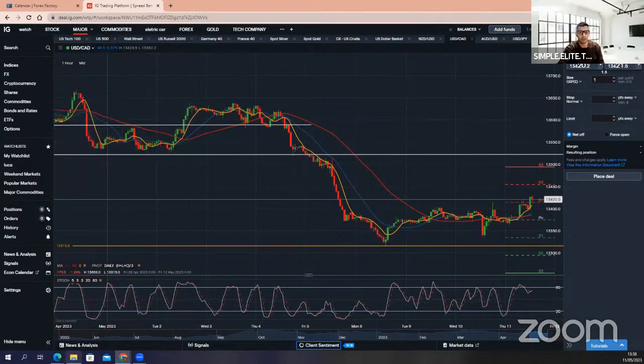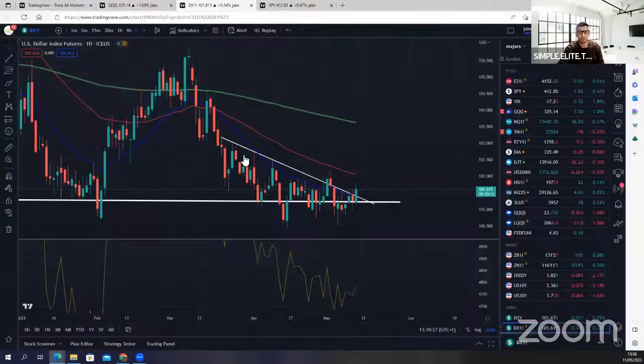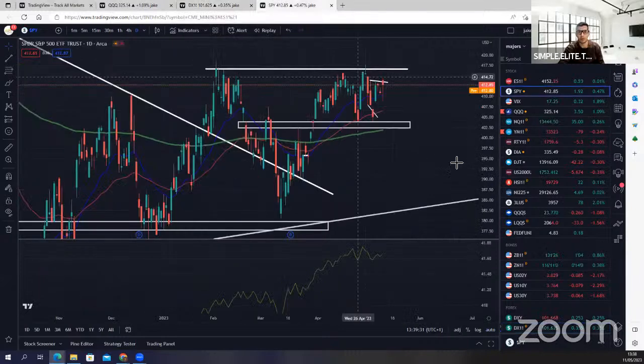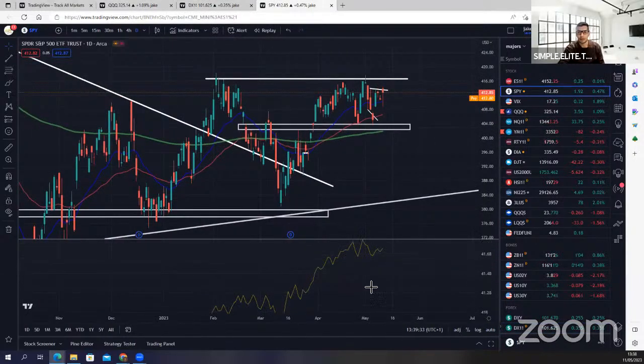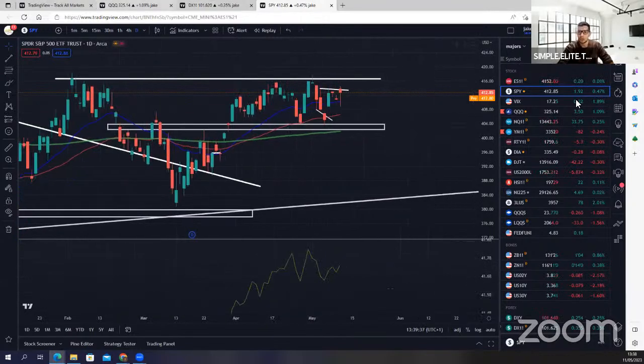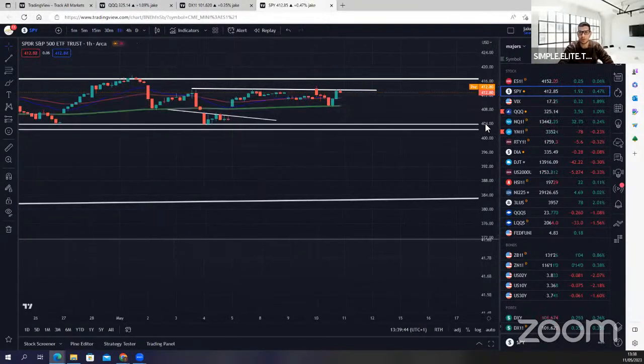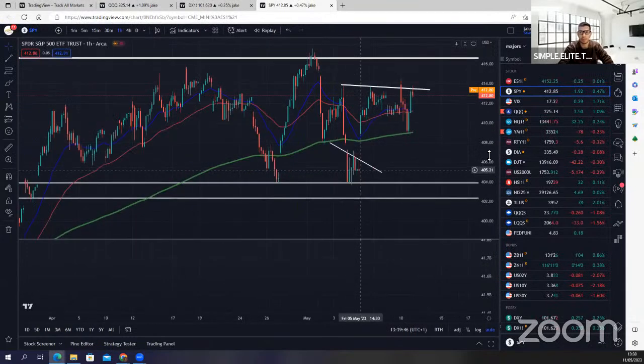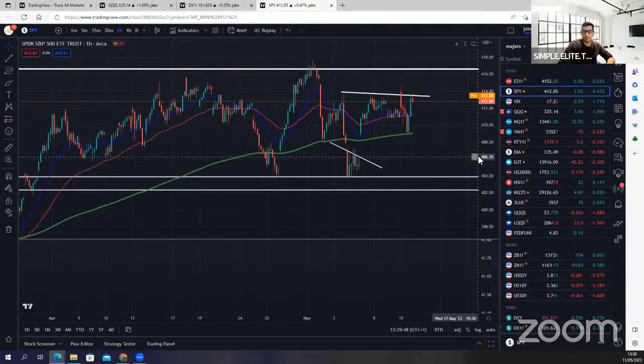Moving on to the indices, I'm going to bring the TradingView chart because I want to show you something, because there are more indicators where I can analyze better. Yesterday we saw some push up on indices because of the earnings, some major companies had positive earnings, some of them negative earnings, but we see some movement on the indices.